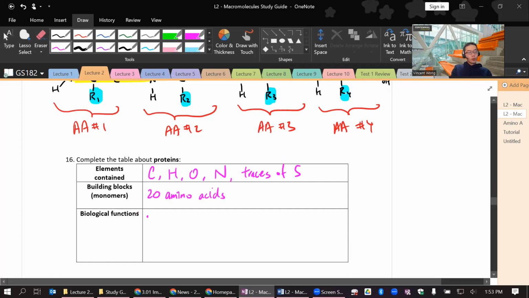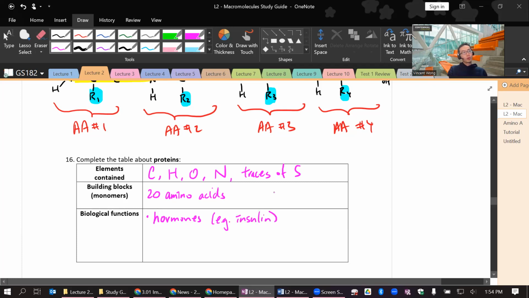Now, what do we need proteins for? We need proteins for hormones. Some hormones are lipid-based, like the sex hormones testosterone and estrogen. But a lot of hormones are protein-based, such as insulin. You probably have heard of that.